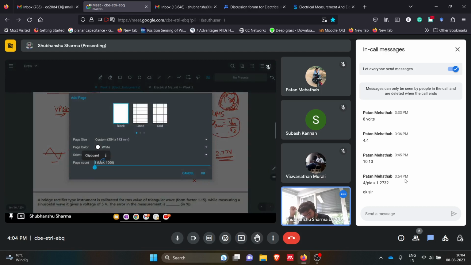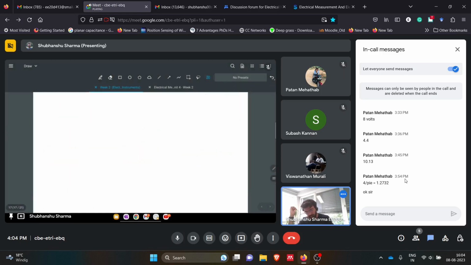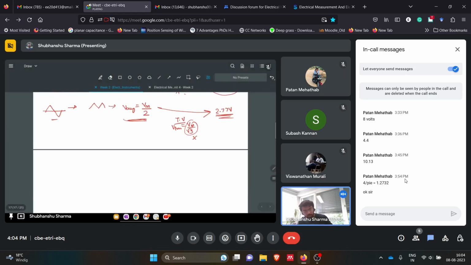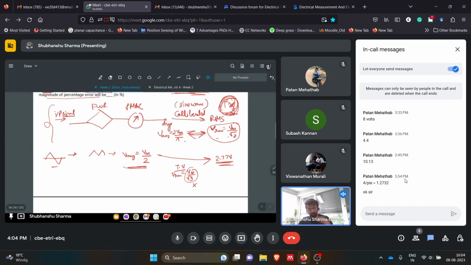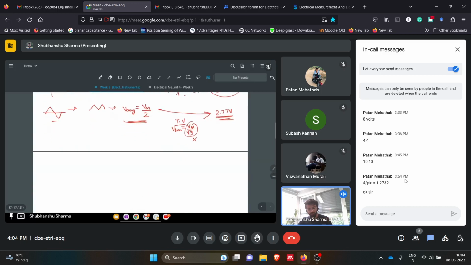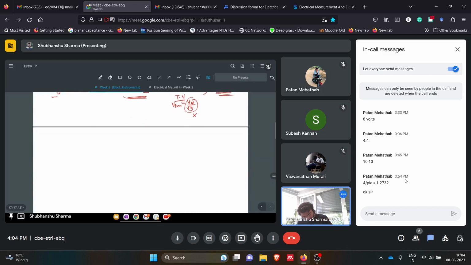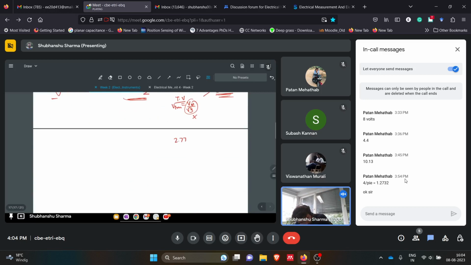I think this part is now clear to you. The only doubt may be what we have to do. We have 2.77 volts at the display. So this is according to what calibration? According to sinusoidal calibration.